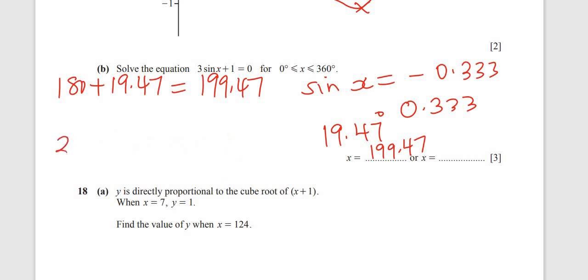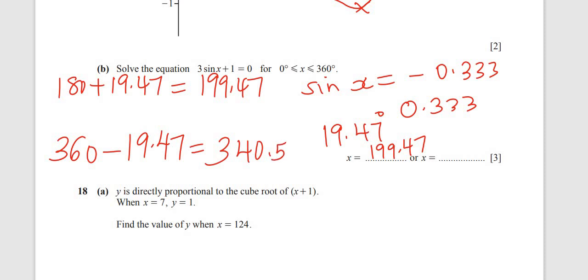So I'm going to show you why we do that. So 360 take away 19.47 is equal to 340.53 degrees. So that's the second angle, 340.53 degrees.